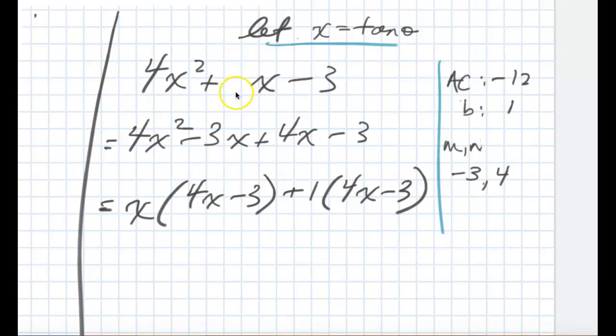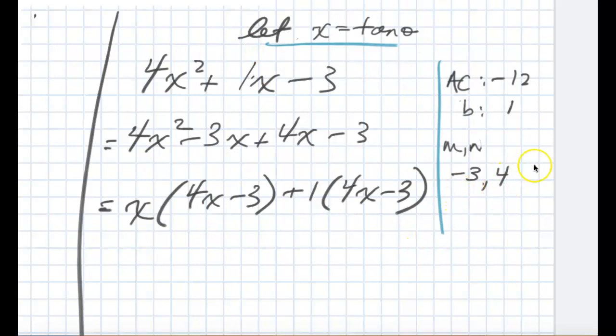In this case, the b value is 1. We've got to find that number combination if this factors. And it turns out there are 2 numbers whose product is minus 12 and whose sum is 1, and that combination of numbers is minus 3 and 4.